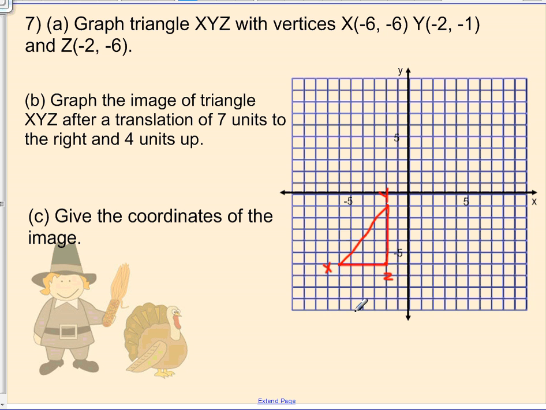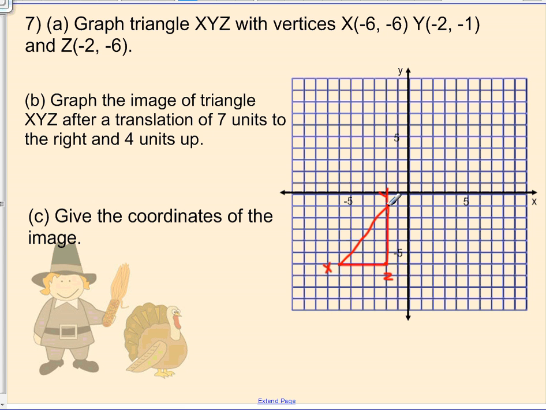And our goal now is to answer these questions about it. It says graph the image of the triangle XYZ, this one right here, after a translation of 7 units to the right and 4 units up. All right, so we're going to take each of these points and we're going to regraph them 7 units to the right and 4 units up.